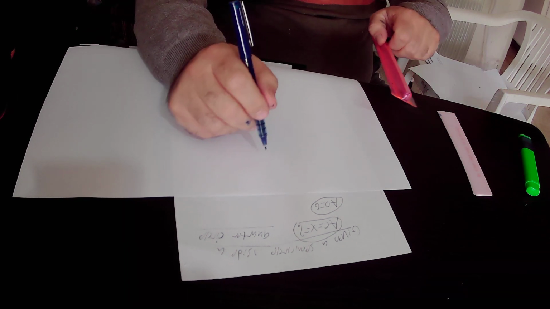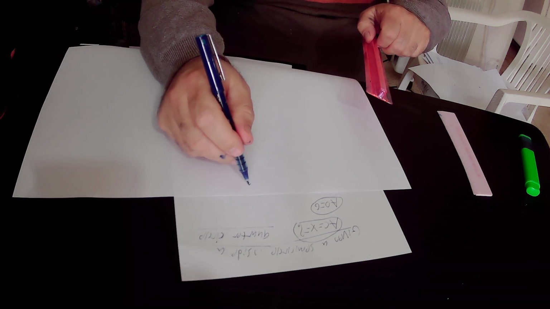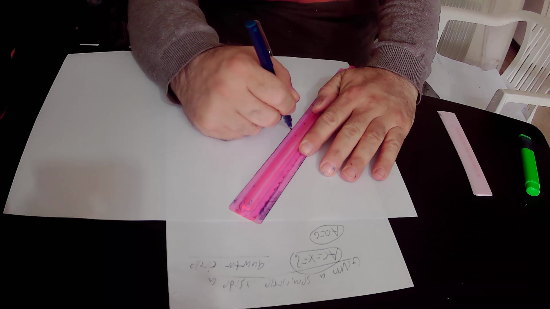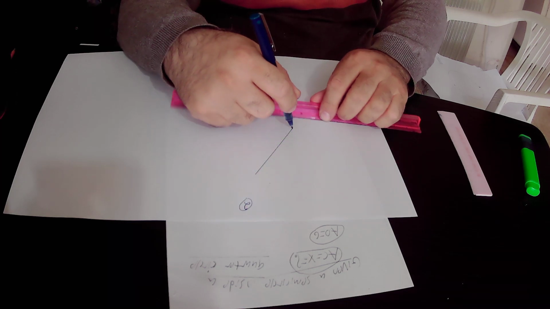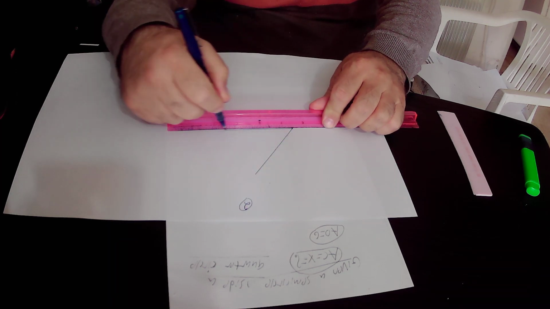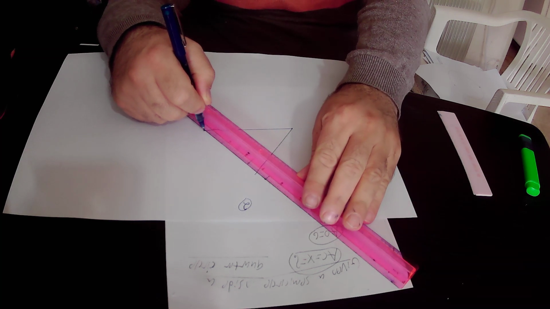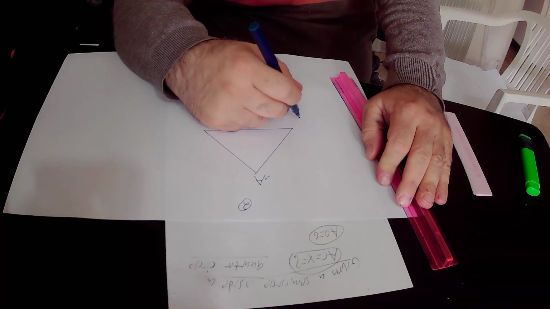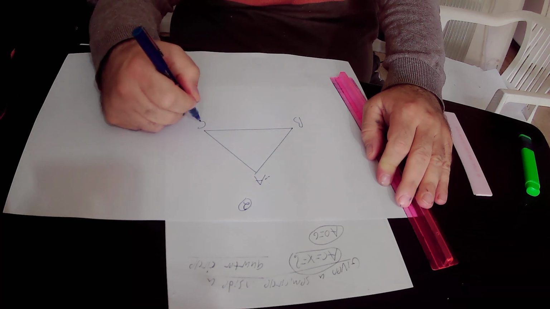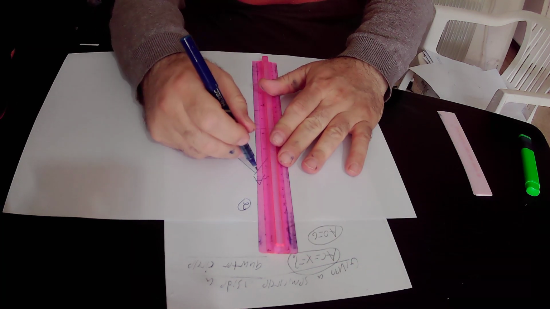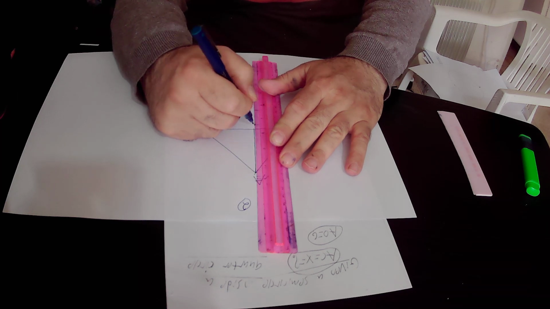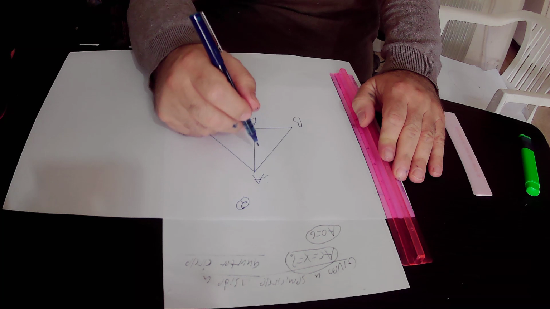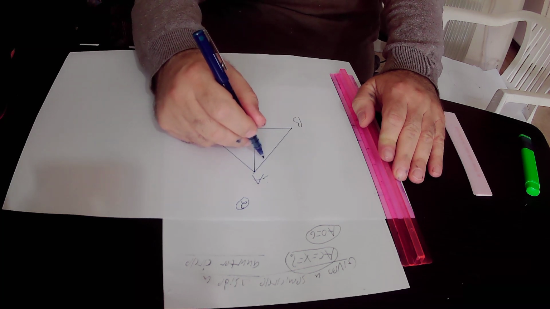According to the angle bisector theorem, if we have triangle ABC, that could be any triangle, and here AD is the angle bisector of angle BAC.